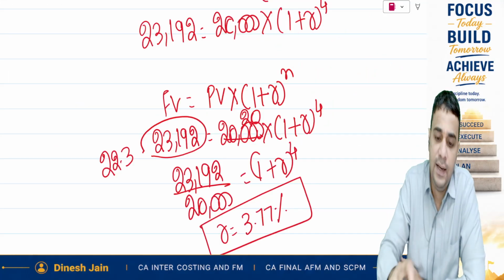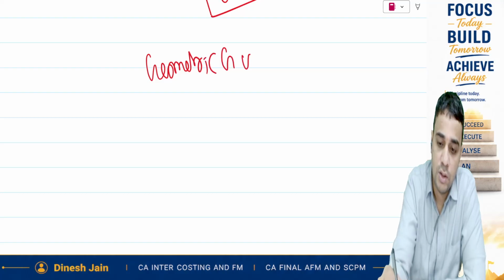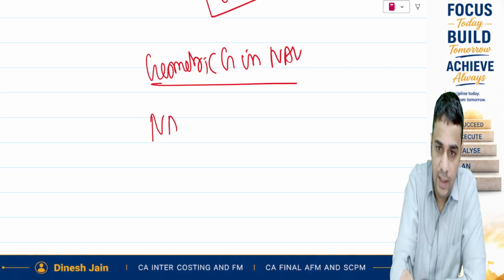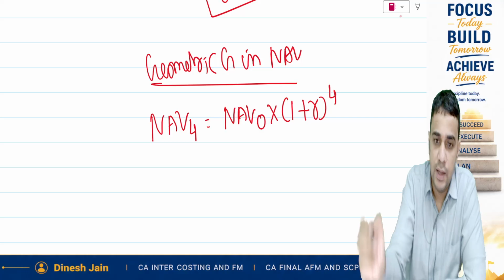Next, geometric growth in NAV. NAV 4 equals NAV 0 into (1 plus R) power 4.